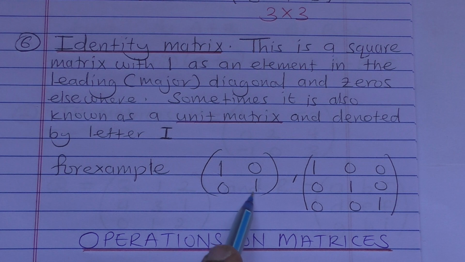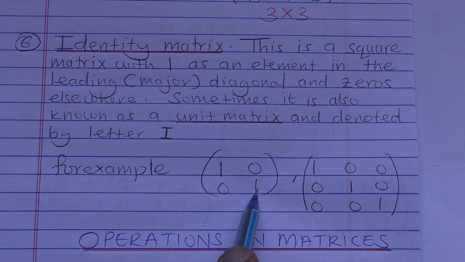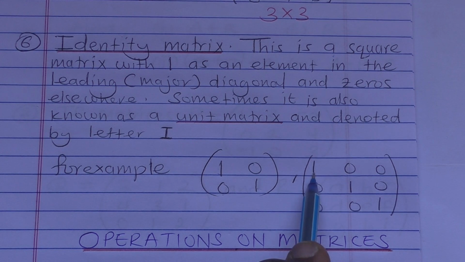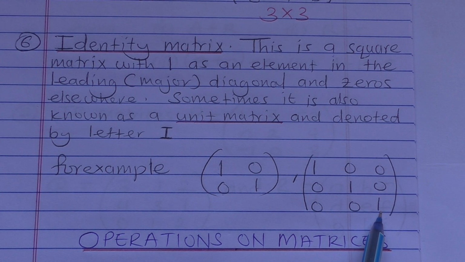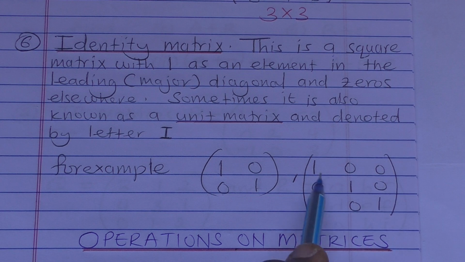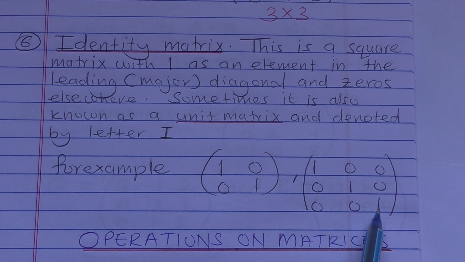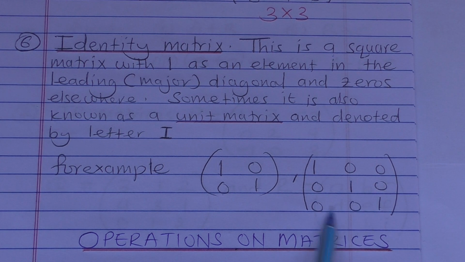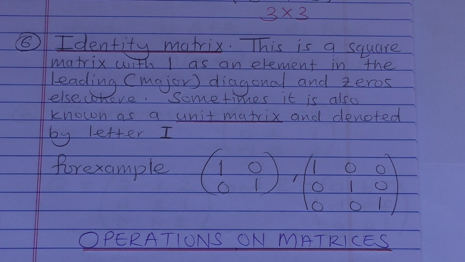In its major diagonal, it has 1, 1, and it has zeros elsewhere. This is a 3 by 3 identity matrix. It has 1, 1, 1 in its leading diagonal and zeros elsewhere. So identity matrices are always square matrices whose elements in the leading diagonals are 1 and zeros elsewhere.